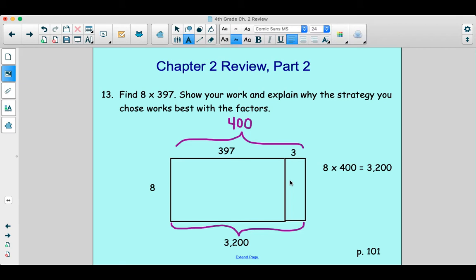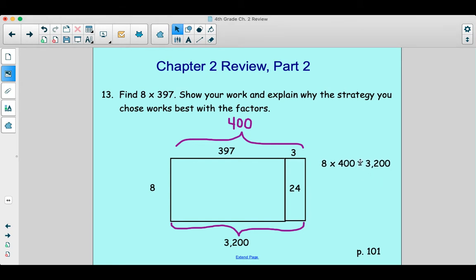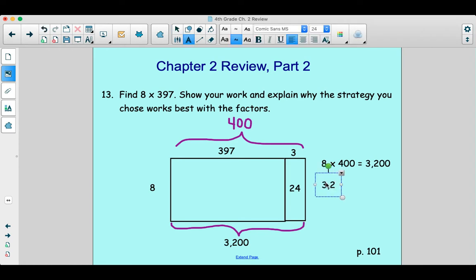So 8 times 3 is 24, right? So this little piece is 24 right here. So now I know I have 24 too much. So I'm going to take 24 off of 3,200. So 3,200 minus 24.